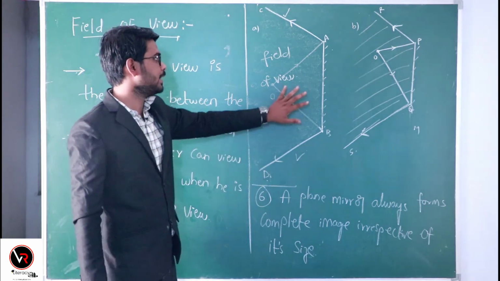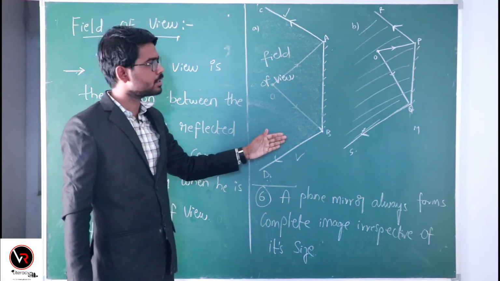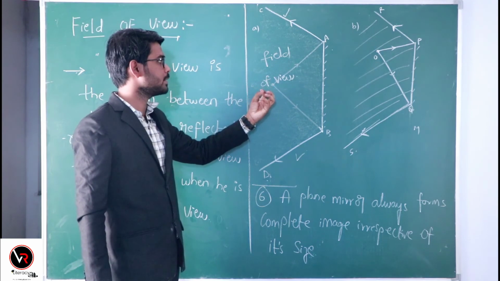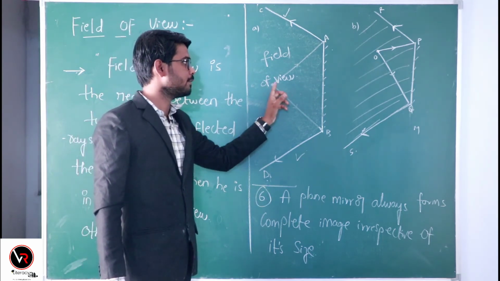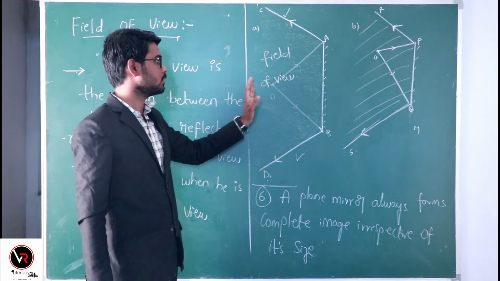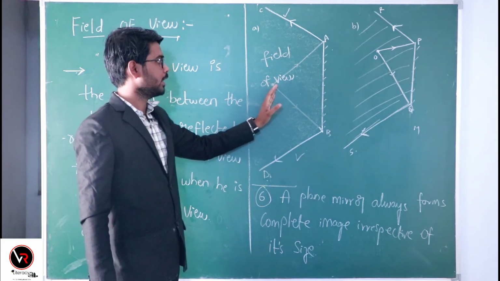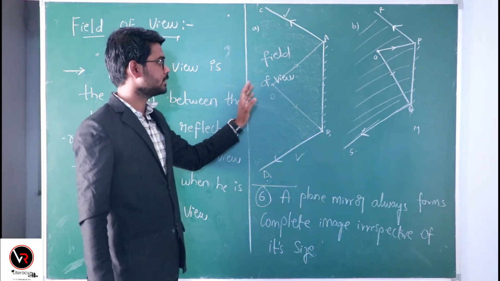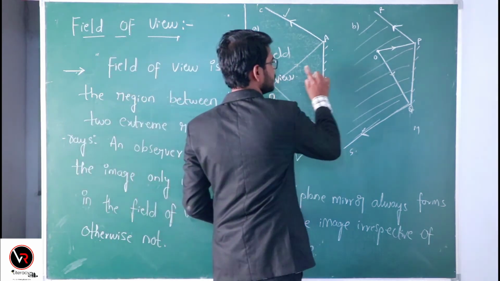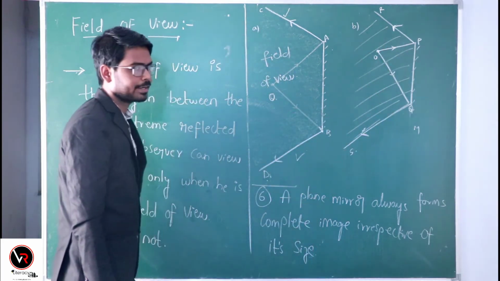So this area of the field of view between two extreme reflected rays is not constant, it will vary, and it depends on the location of the object in front of the mirror. If the object location varies, see here, this is the object location from the plane mirror, and now it is changed to here, so the field of view is also varied.